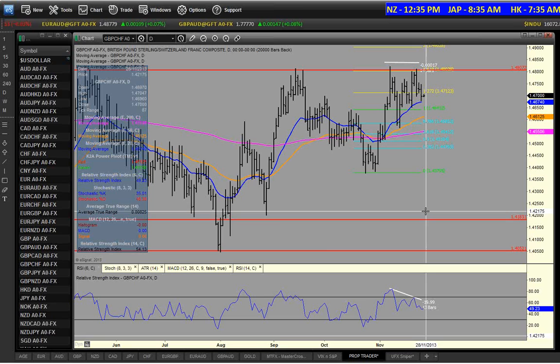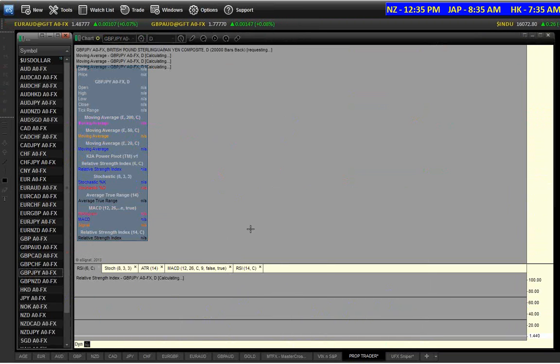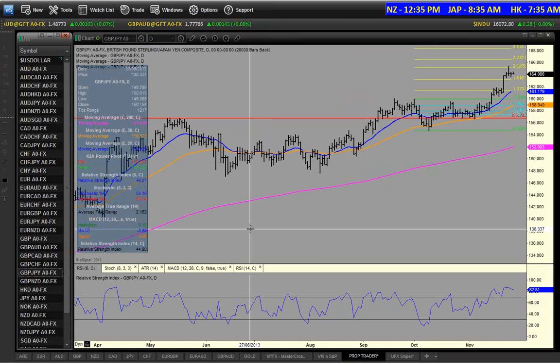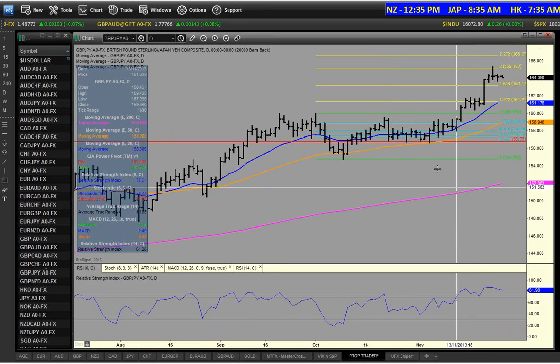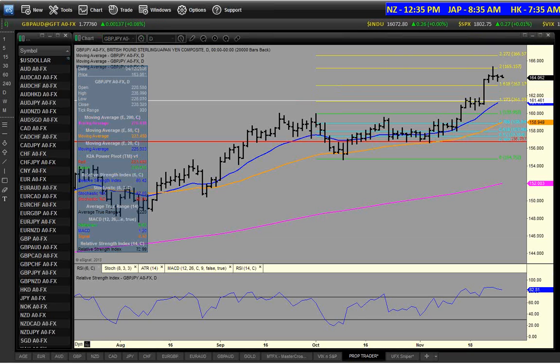Pound yen. Have I covered everybody's pound yen? That's what I was going to do, look for horizontals on this. There is one at 64, looking at the weekly. There's one at 65, okay.